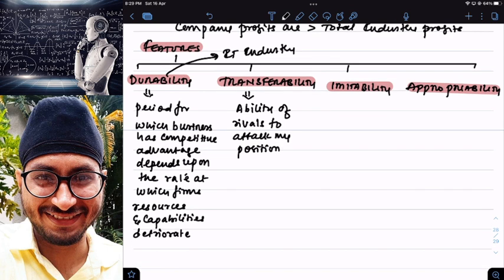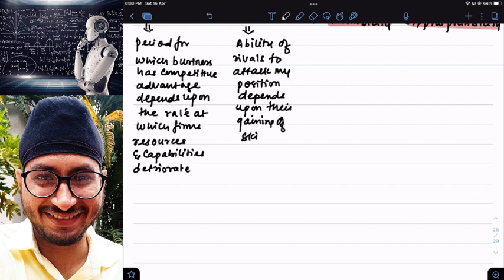It depends upon their gaining of the necessary skills and resources.